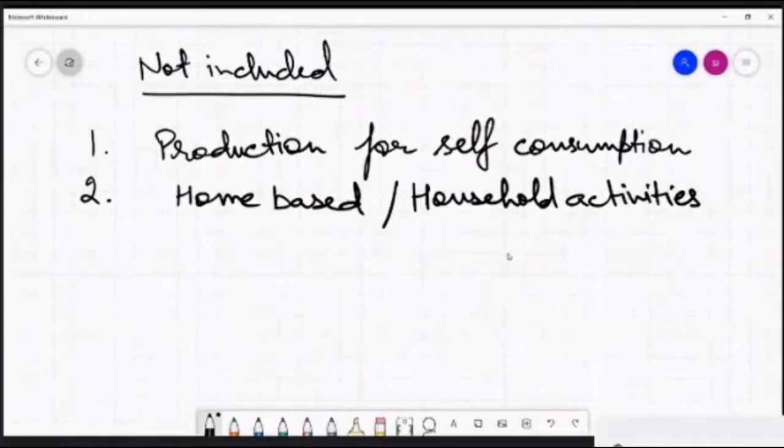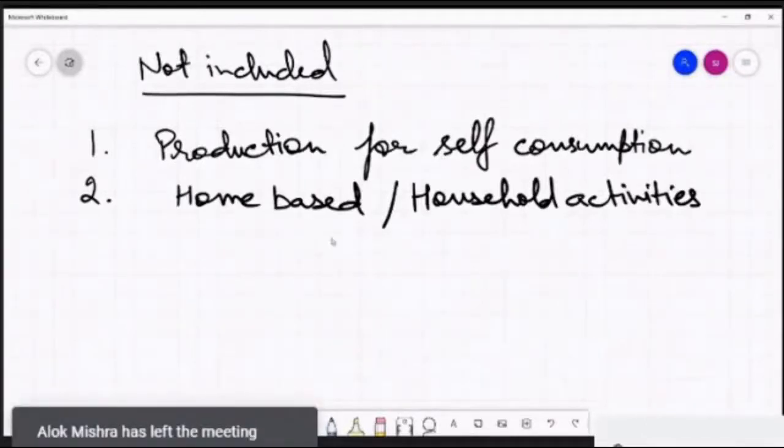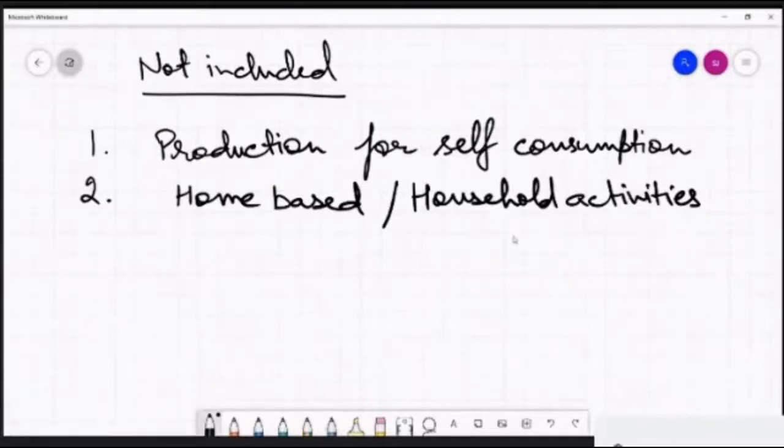They are backed by expenditure, but they are not counted as GDP. So you are working in your own shop which is owned by your father, or by any of your family members. In that case, this is a self-consumption activity. So self-consumption activity is not included at all.